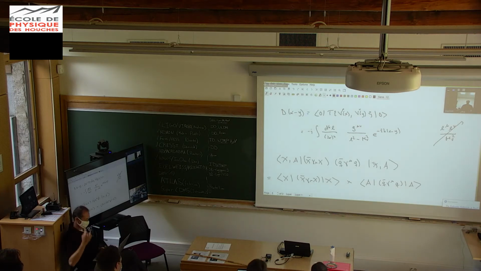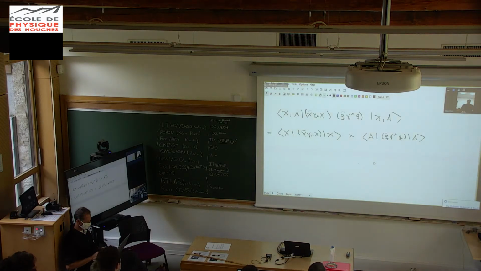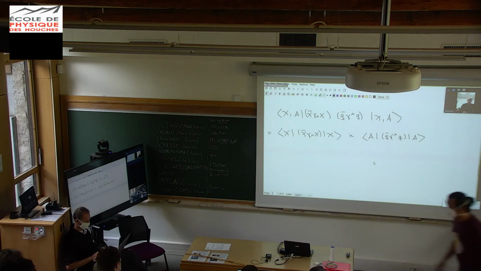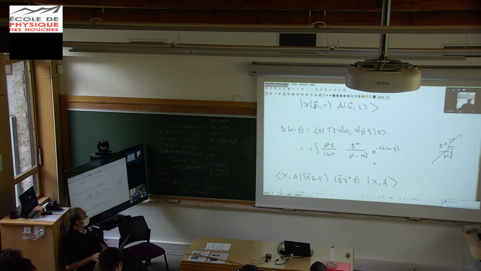Okay, it factorizes in this way because there are no interactions between the two once we take into account this vector interaction. So we need to essentially evaluate these two factors, this one and this one, and then just perform the integrations, and then we are done.